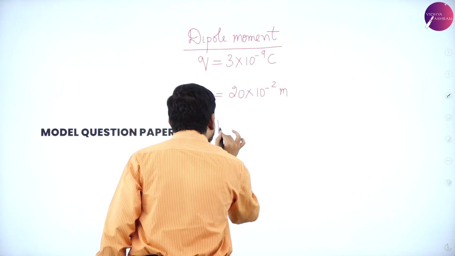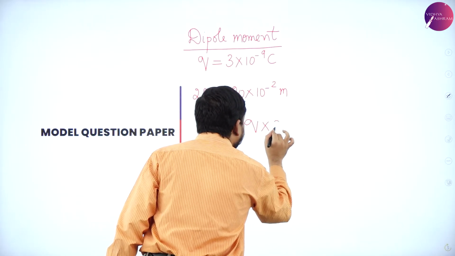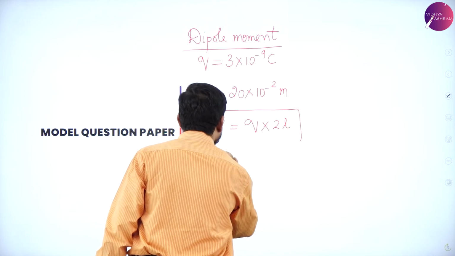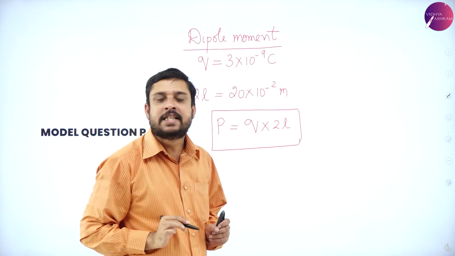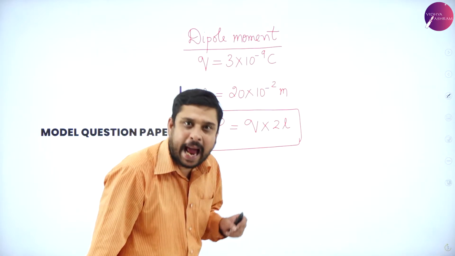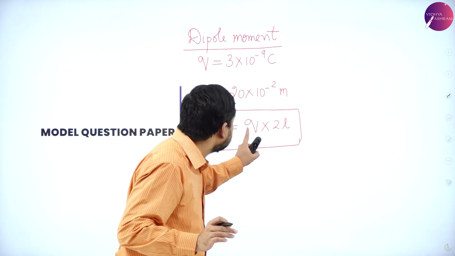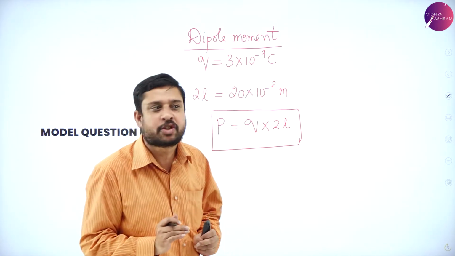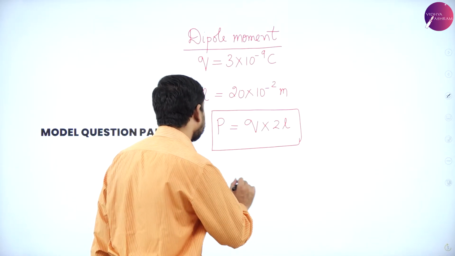Now dipole moment is defined as Q into 2L. So this is the dipole moment, expressed as the magnitude of one of the charges Q into the distance of separation between them, that is 2L.